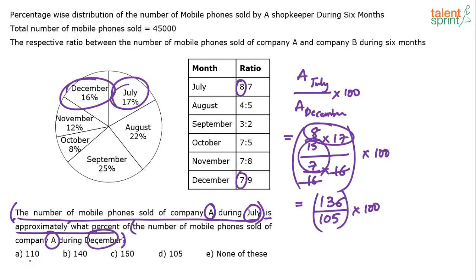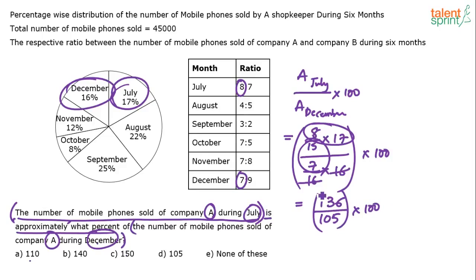8 into 17 divided by 15 into 7. I hope you are able to follow. 15 into 7 is 105. How much is this now? Since he's talking about an approximate calculation, try to eliminate the wrong answers. Assume the denominator is 100. What happens? It will become 136%, because the 100s get cancelled.